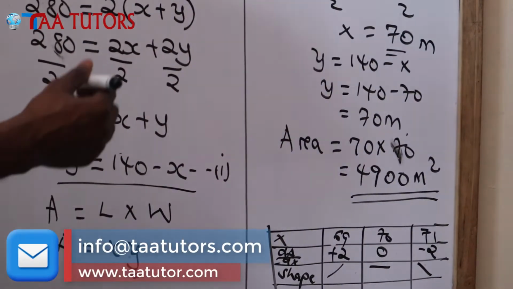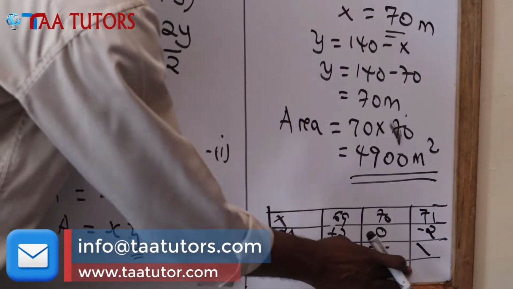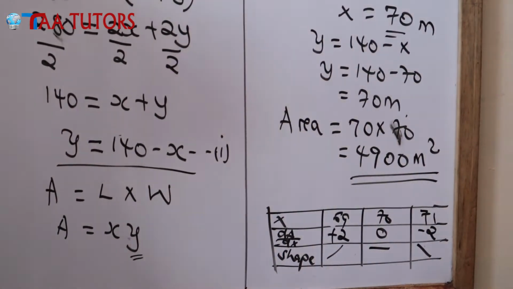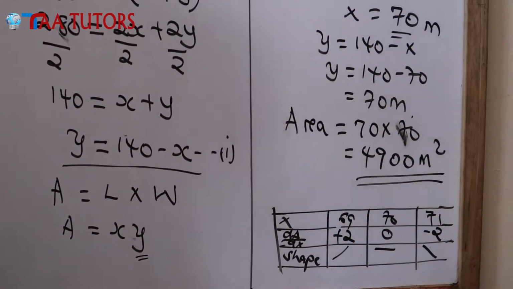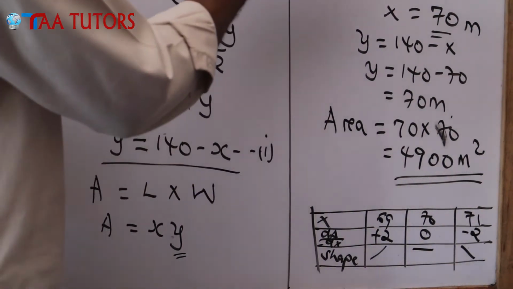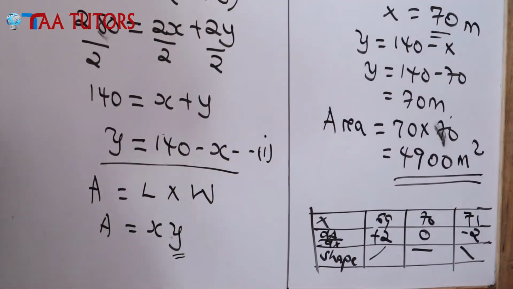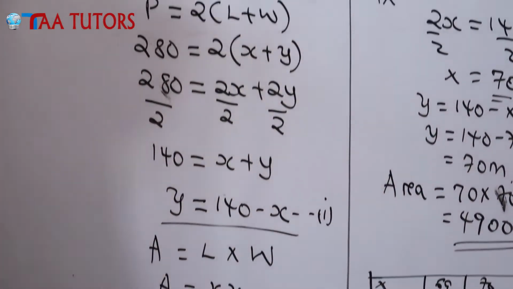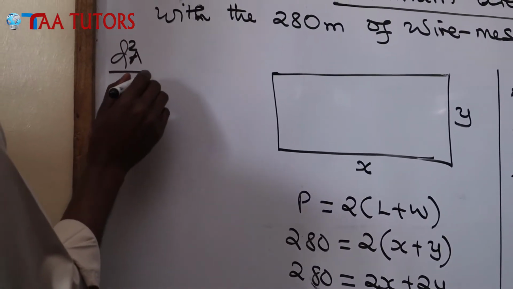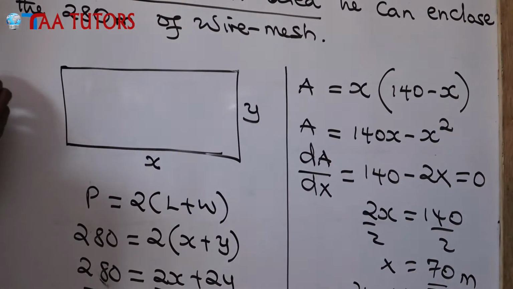We see that the gradient is changing from positive, 0, negative. We said earlier that if you see that kind of change, then that turning point is the maximum turning point. So the area we calculated using x as 70 is our maximum area. I said earlier we can also use the second derivative, d squared A over dx squared. If you differentiate this once more, you get negative 2.